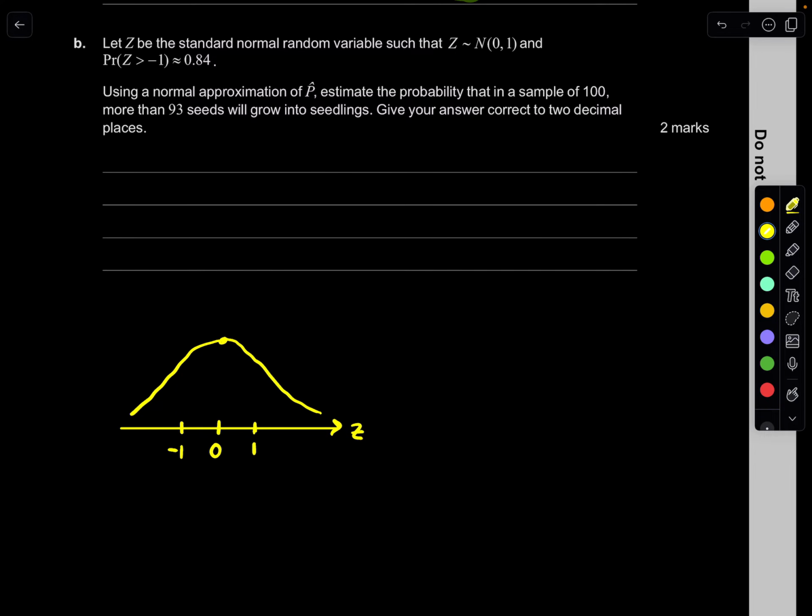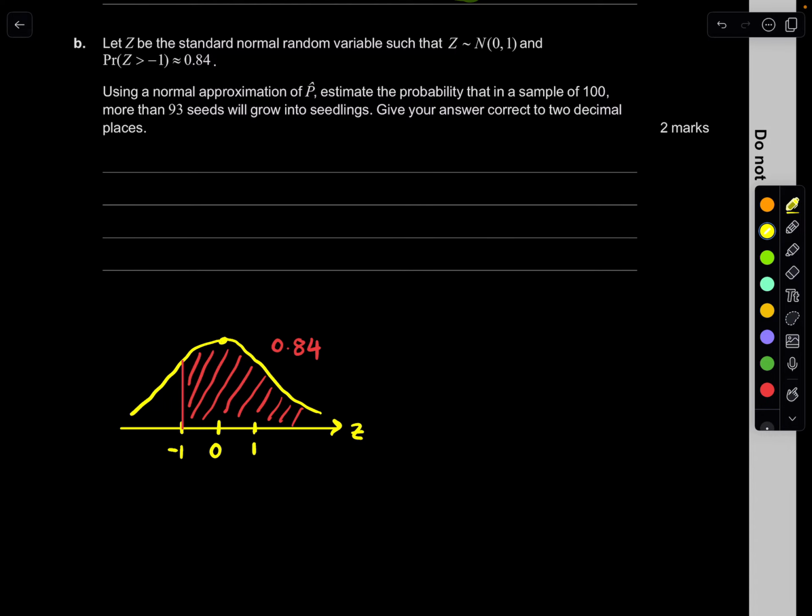And that's -1. So when z is greater than -1, I'll draw a red line here. This area here, which is your probability, is approximately 0.84.